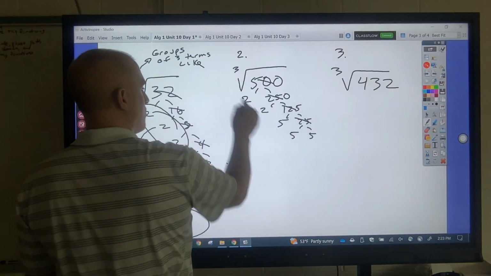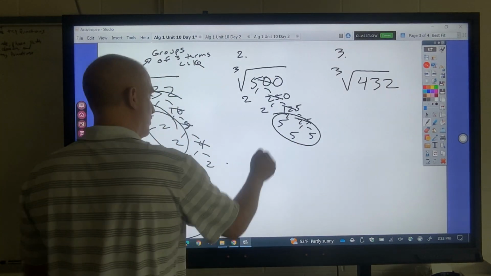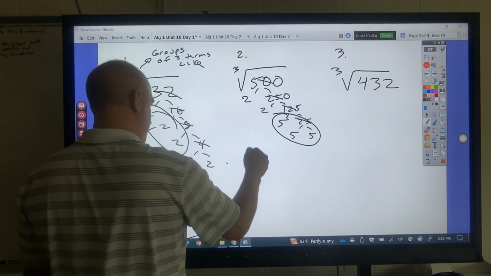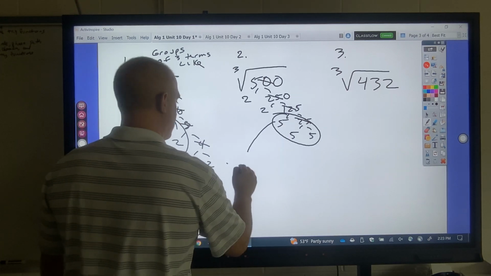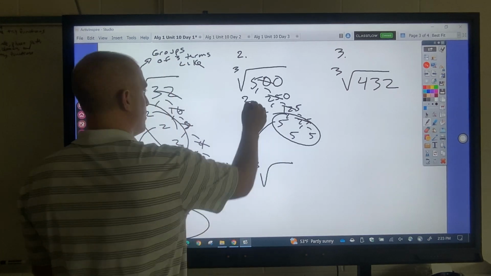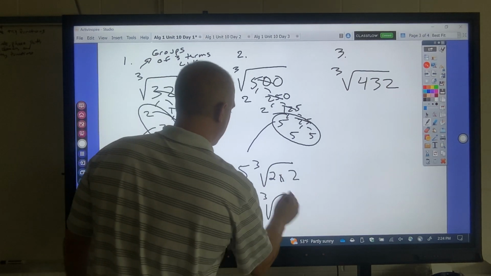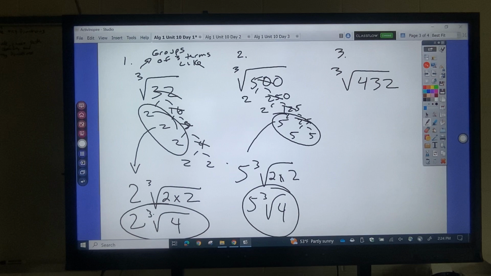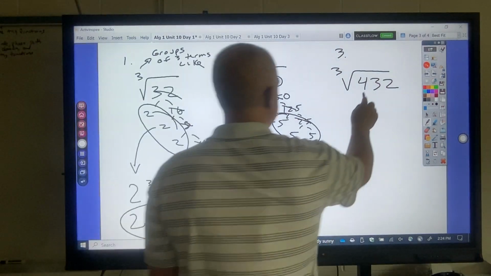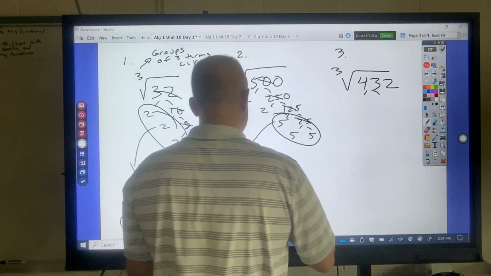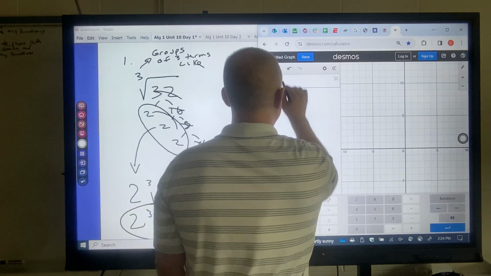Cube root, I got those. I can take one of those out. 5 cube root, 2 times 2, 5 cube root of 4.